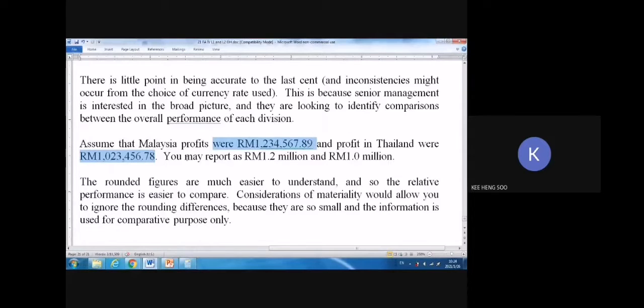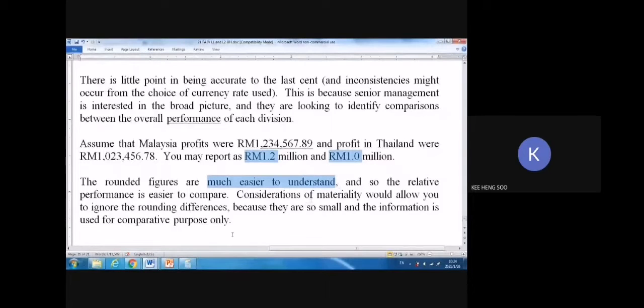You just round it off. This is 1.2 million, compared to Thailand, which is 1.0 million. You got it? It's very much easier to understand. If you just say 1.2 million and 1 million, it's easier to understand.